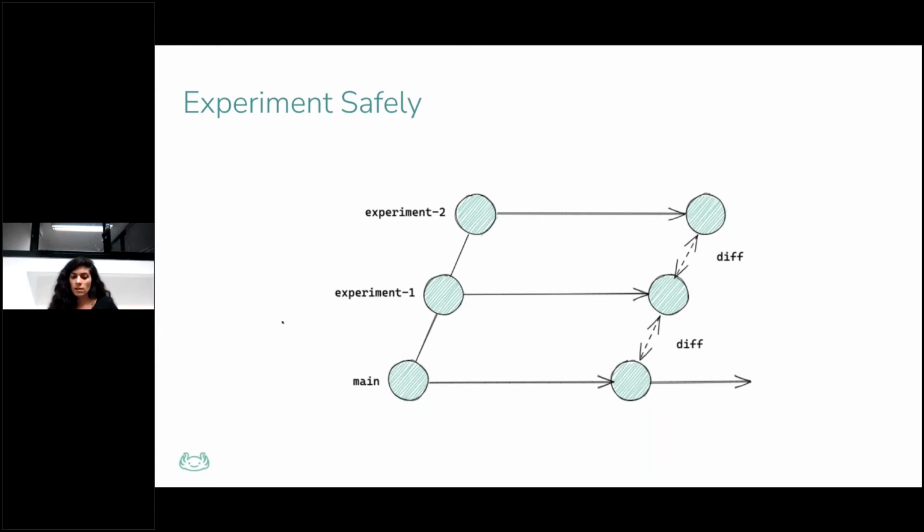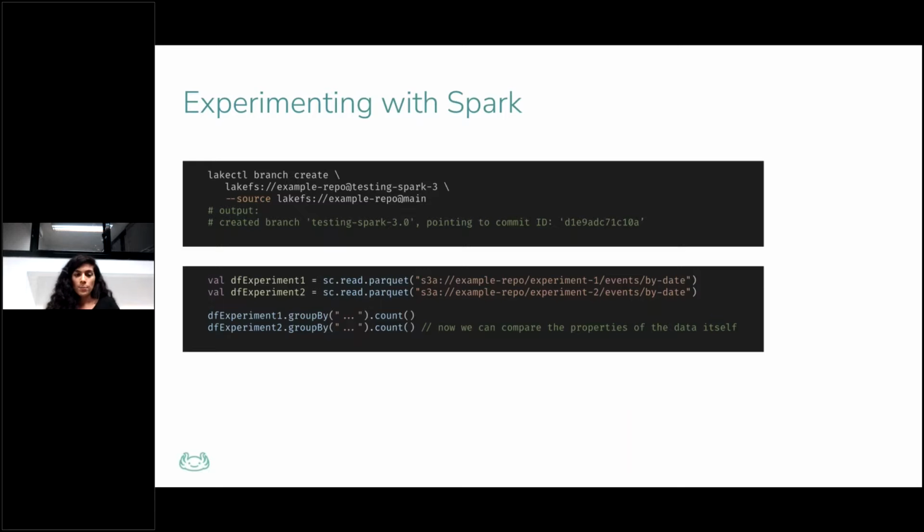Or a different example would be that you might want to test changes to your infrastructure on an experiment branch. So maybe you're trying out a new Spark version and you want to test it in isolation. You can do all of this using this branching capability, which is, as I mentioned earlier, very cheap. So you can do all of this in isolation.